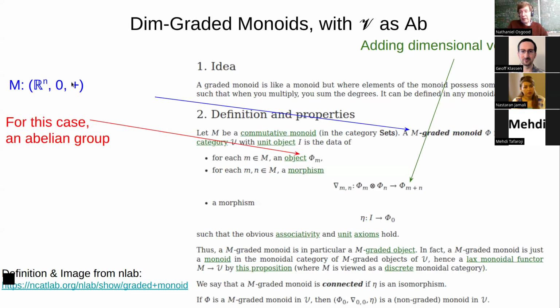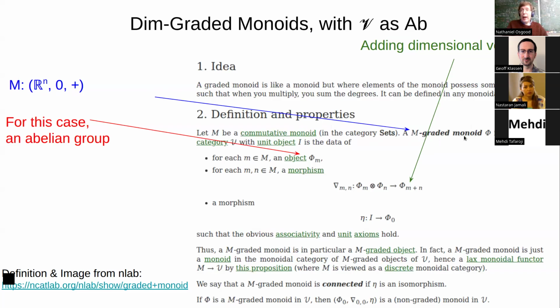It's going to have the zero vector as its unit, and its monoidal operation, or way to combine them, is going to be plus, so we can add two n-vectors together to get an n-vector, right? That's our commutative monoid in the category of sets. Plus is commutative, right? So x plus y is the same as y plus x.